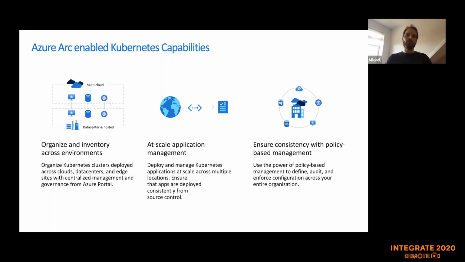Azure Arc enables you to look across all your Kubernetes implementations, on-prem or in Azure or anywhere else, and helps you organize and apply policies and monitoring configuration across all these clusters. There's really the ease of at-scale application management here, where the same set of applications and the same application configurations you can apply across all these clusters, no matter where they run.